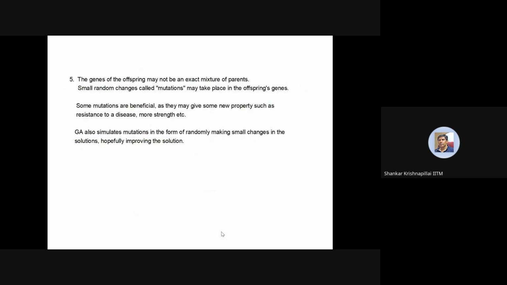Another important thing in genetic algorithm is an operation called mutation. What is mutation? The genes of the offspring may not be an exact mixture of the genes of the parents. Some random changes might occur. For example, the parents are both very healthy, but the offspring is unhealthy, or vice versa.